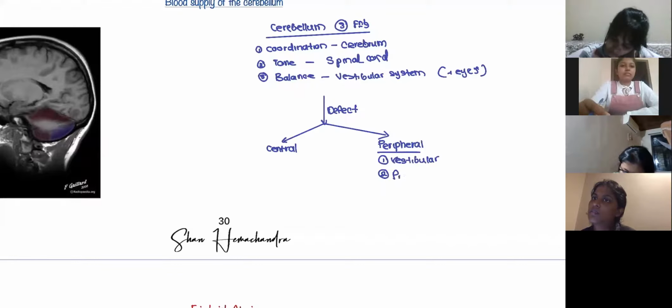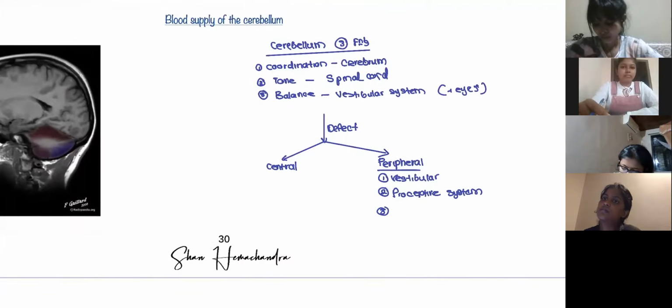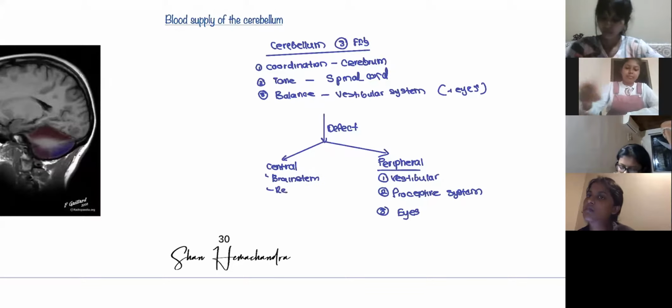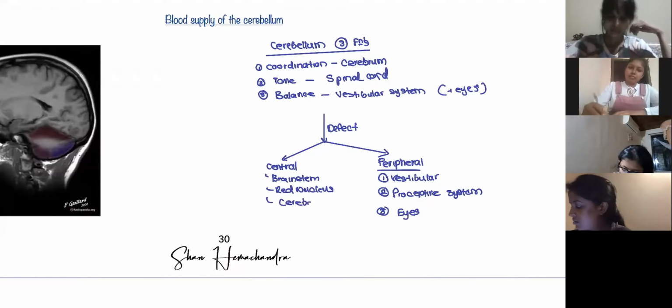Second one is the proprioceptive system. Third one is eyes. Central: brainstem, red nucleus, anything in the brainstem, anything which is there, and the cerebellum.